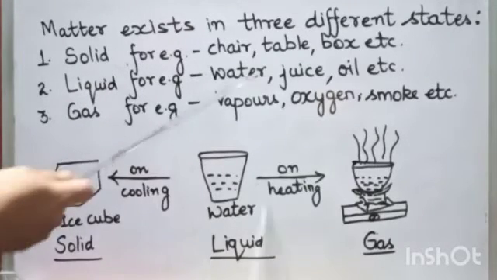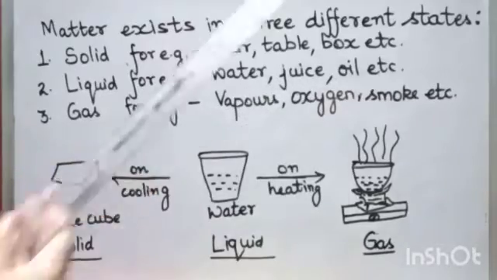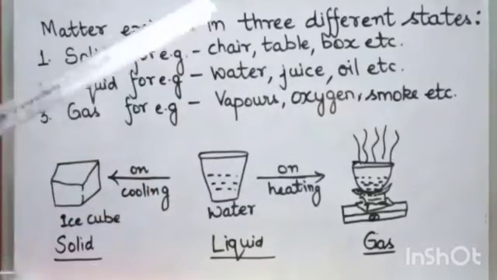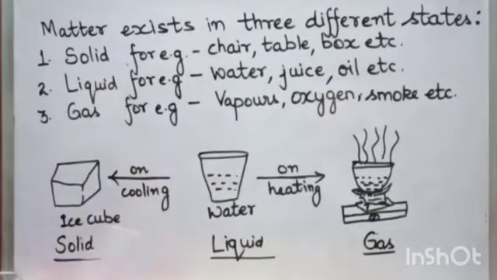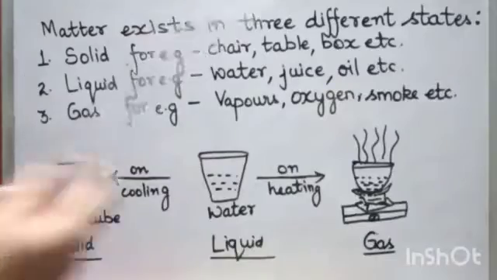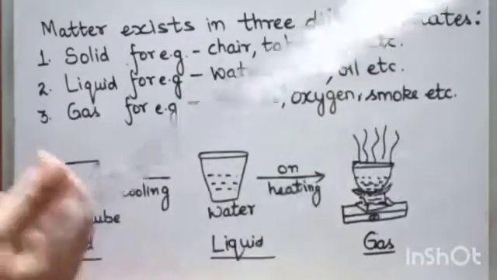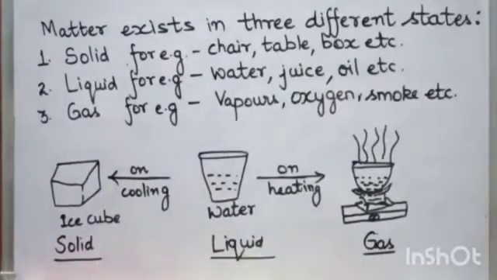Liquid, for example, water, juice, oil, milk, whatever that flows is liquid. Then comes gas. Examples of gas are vapors, oxygen, nitrogen, carbon dioxide, smoke. They all are in gaseous form.